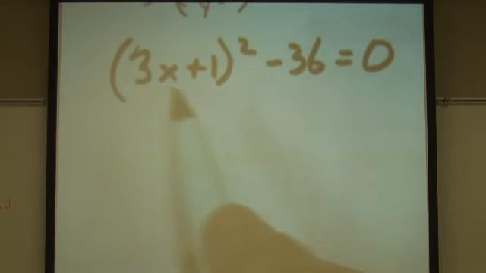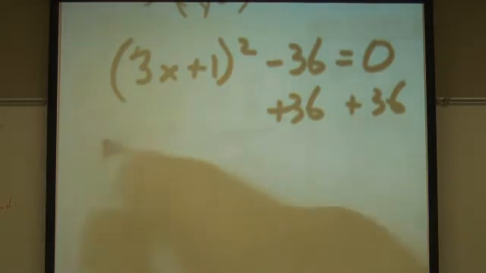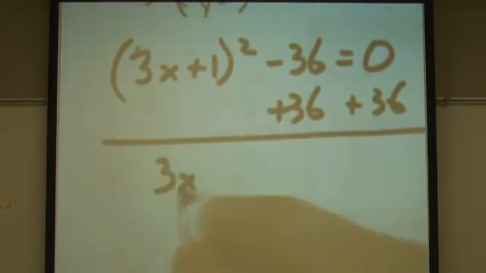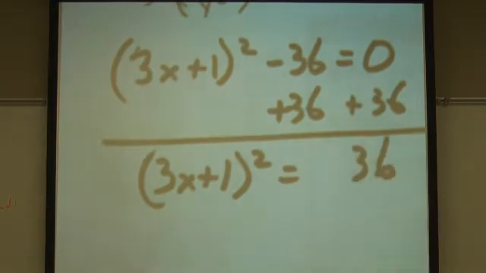This time, we're going to add 36 to both sides. If you have anything outside of parentheses here, before we divide by anything, we're going to add 36. And that gives us (3x plus 1) squared equals 36.